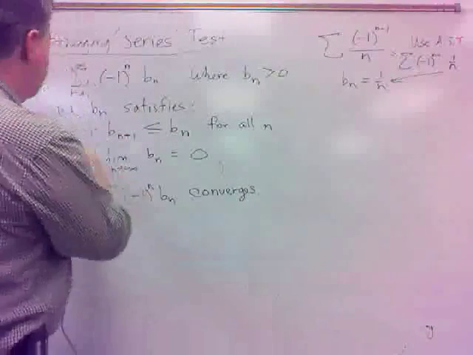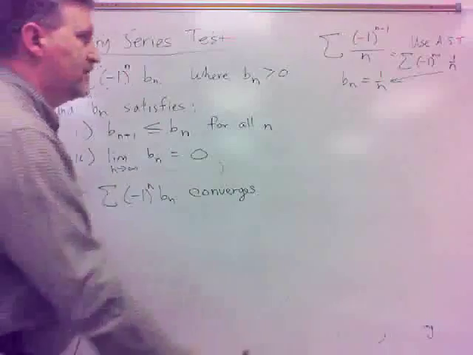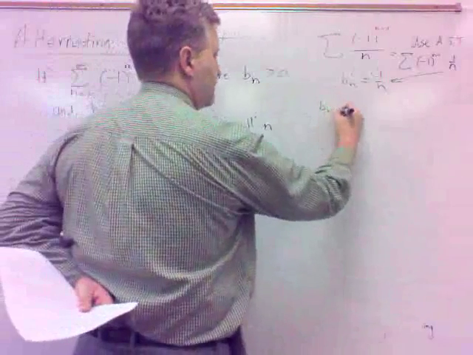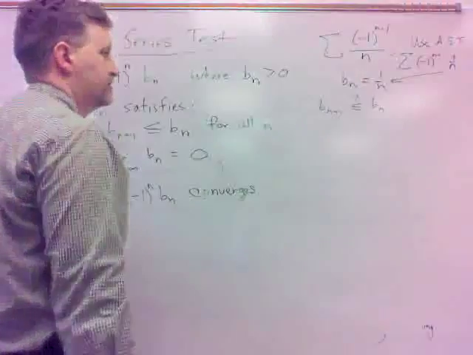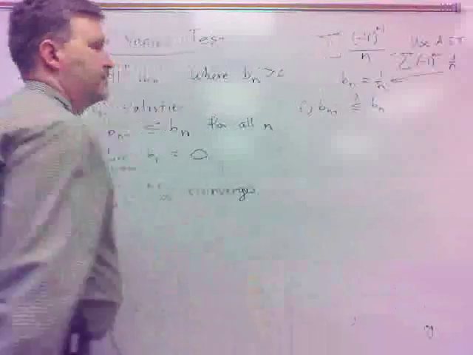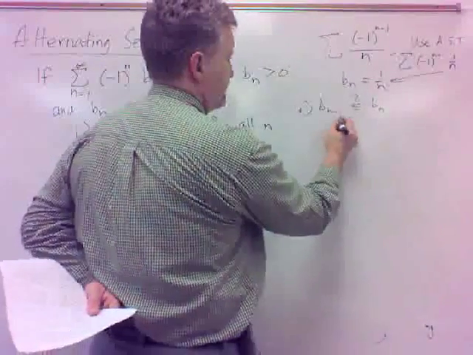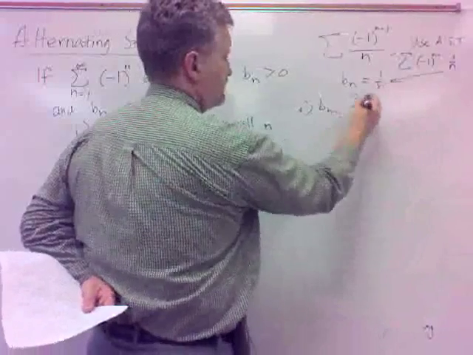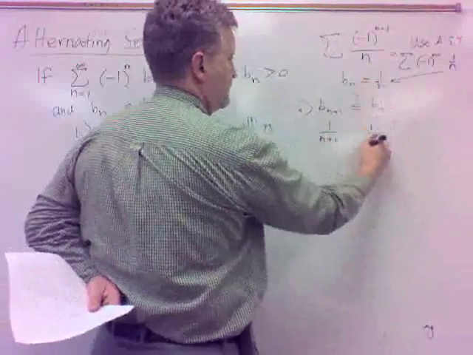All right, so there's two parts that we need to look at. Is b sub n plus 1 less than or equal to b sub n? That's the first part. Well, what would b sub n plus 1 be? That just means plug in n plus 1 here. So that would be 1 over n plus 1. B sub n is just 1 over n.